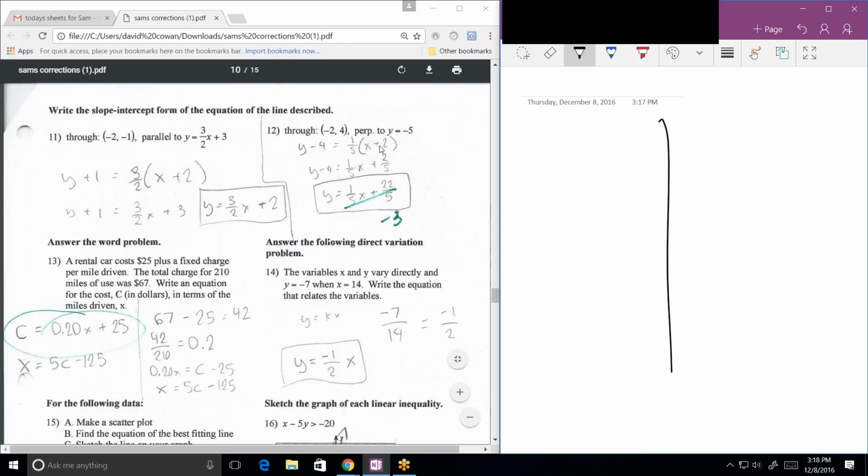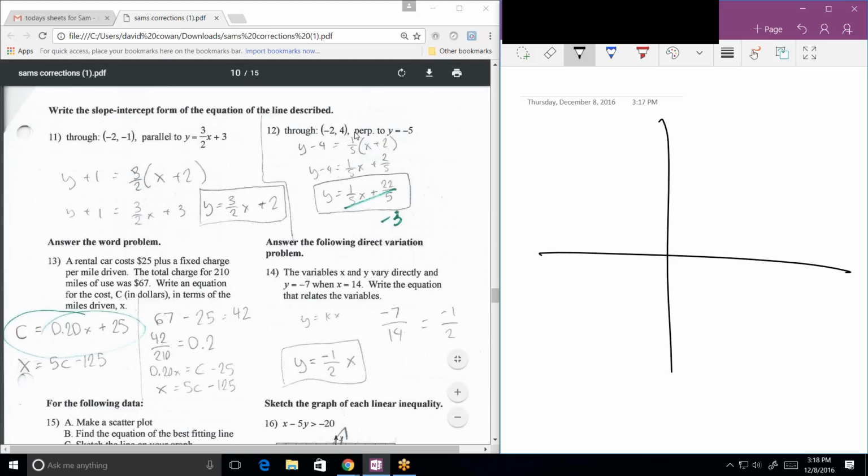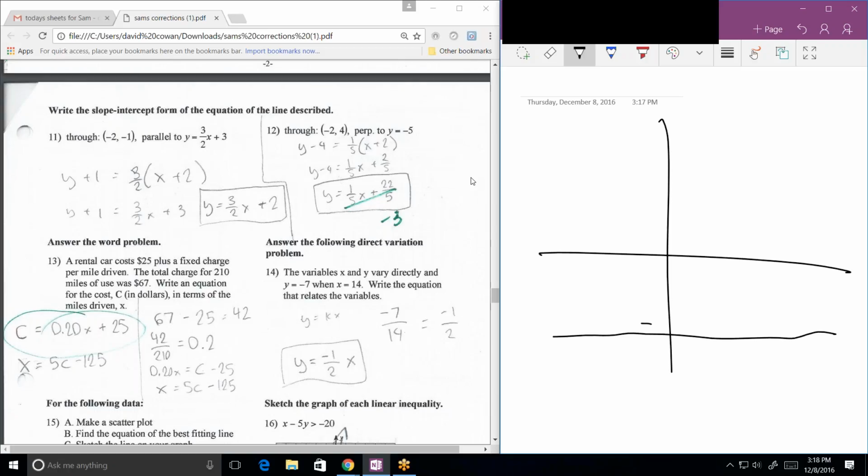Well, they said that it's perpendicular to y equals minus 5, which is that line right there. So what is the slope of a perpendicular line to that? Like 0. Well, it's undefined, not 0.